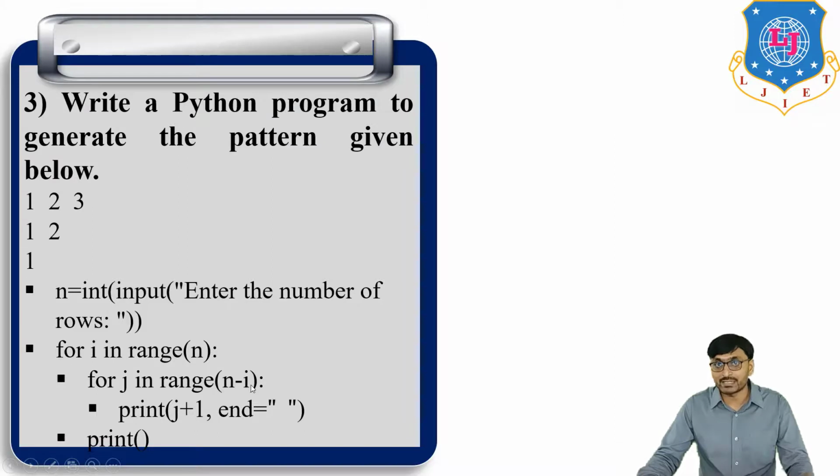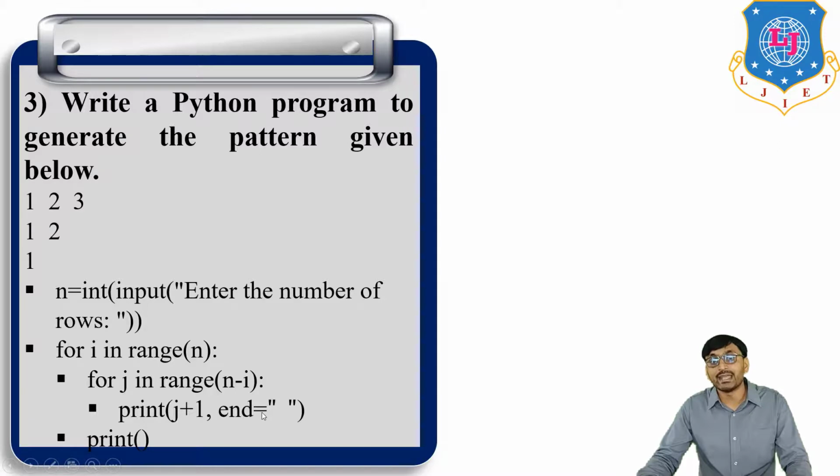We know that the first element of i is equal to 0. So 3 minus 0 is equal to 3. So for j in range of 3, it means j is equal to 0, j is equal to 1, j is equal to 2. So print j plus 1, it means 0 plus 1, 1 plus 1, 2 plus 1.